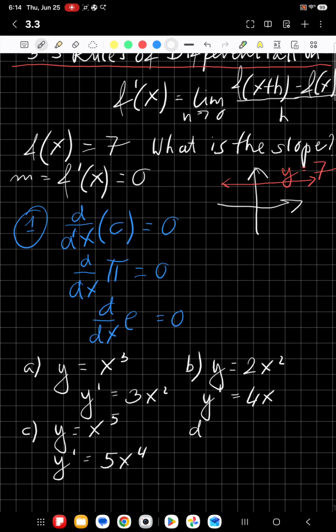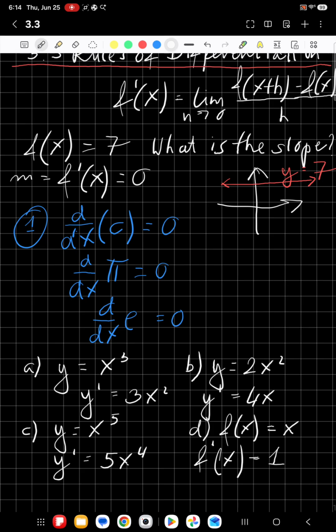And the last one, let me write it a different way: f of x equals x. I hope you know what the derivative is, because derivative is slope. The slope in this case is just a number, and it's 1.